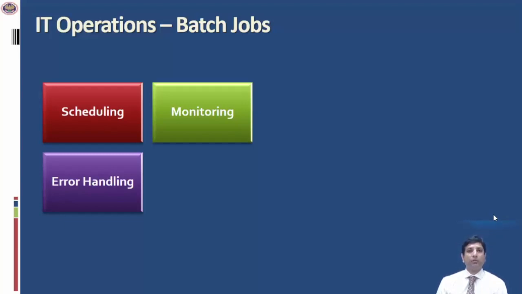In case the batch jobs are scheduled by the IT, then it is the responsibility of IT to look at the status of the running of each batch job. So as auditors, we need to understand what is the process at the company for making sure that batch jobs are monitored and how error handling is done.